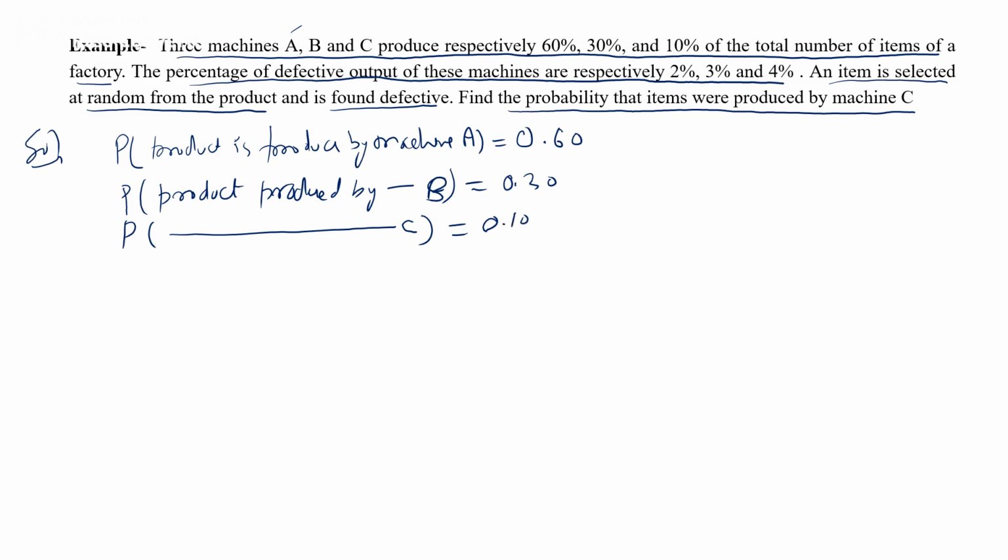So these are the probabilities: probability of A, probability of B, and probability of C.